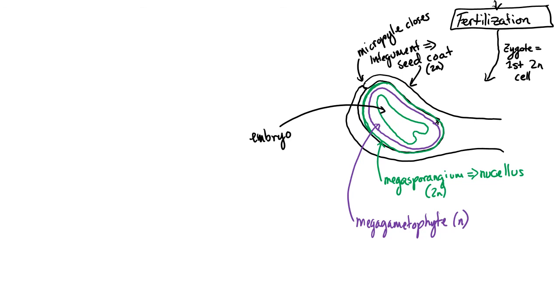So that embryo grows within the megagametophyte, which is within the megasporangium, which is within the integument, which is held on that seed cone. So this whole protective structure is all to make sure that once fertilization does happen, that we are ensuring that we didn't waste that opportunity, right? So now we have this nice package here that can be released.